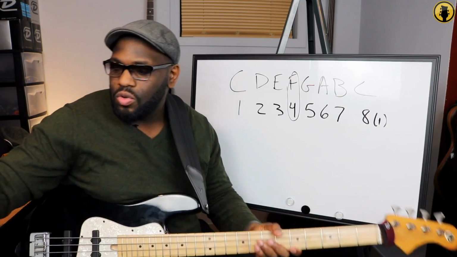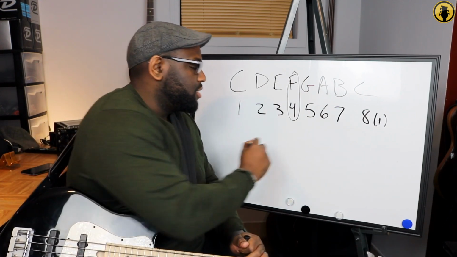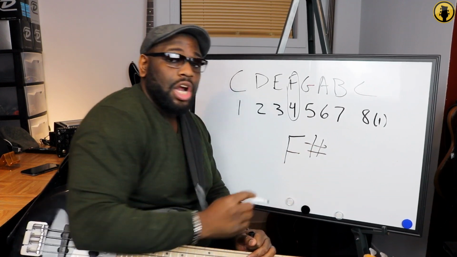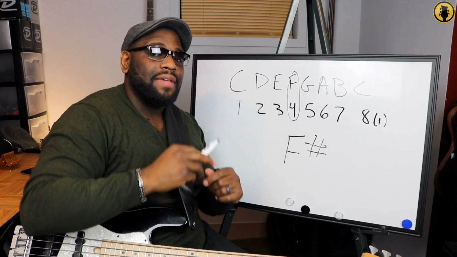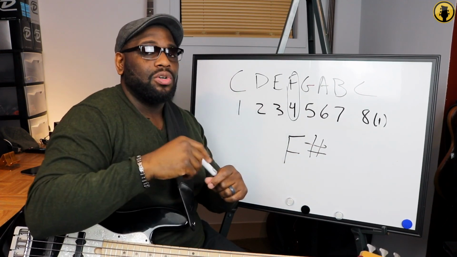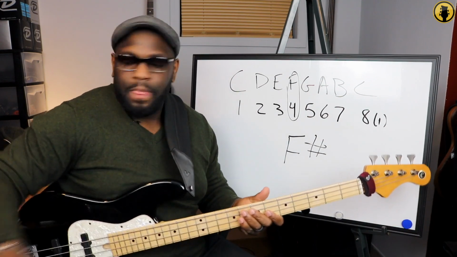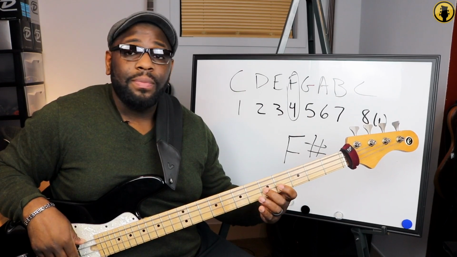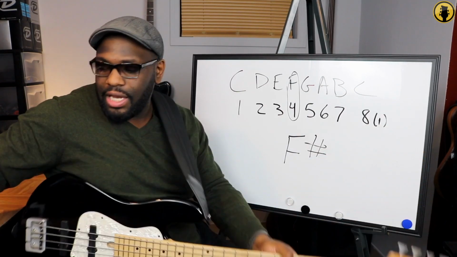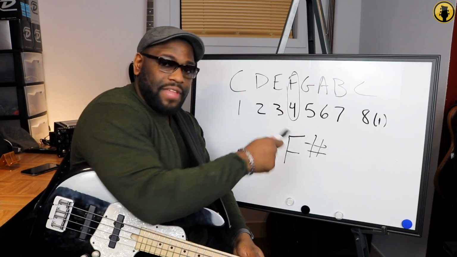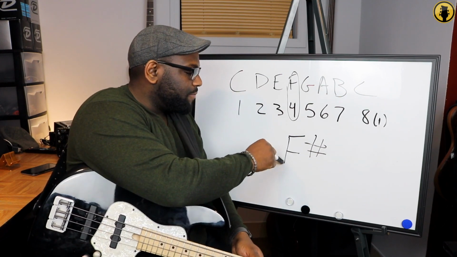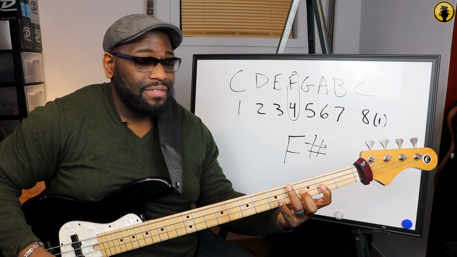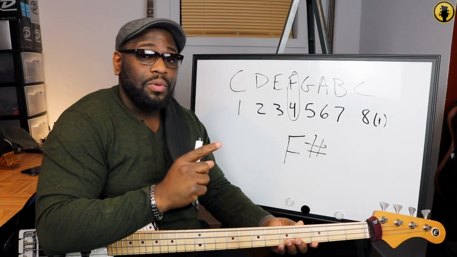So when it went to the accidental, so it said play an F sharp, sharp meaning up 1 half step or up 1 semitone in pitch. So a half step we know is 1 fret away from wherever you're playing. So I had to find the note F, so C, D, E, F, sharp, which way are we going?